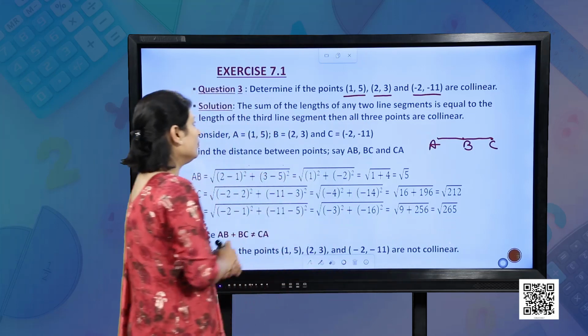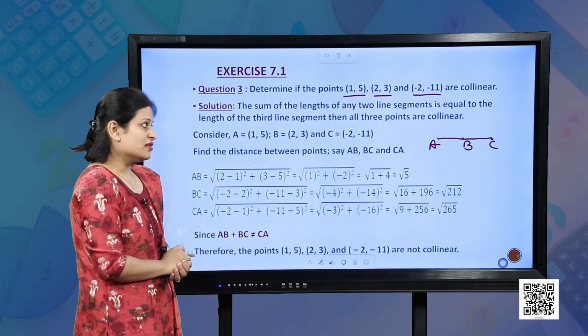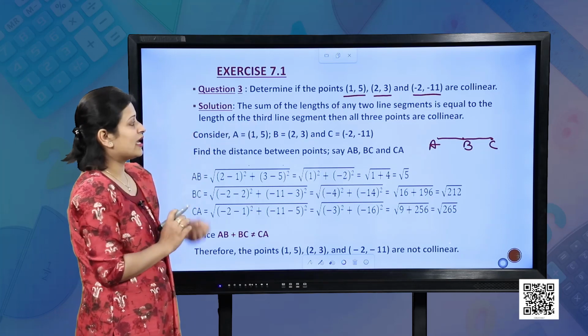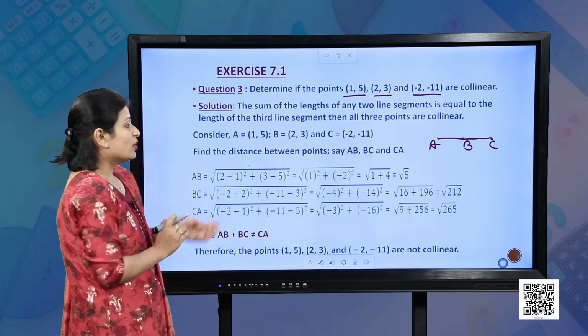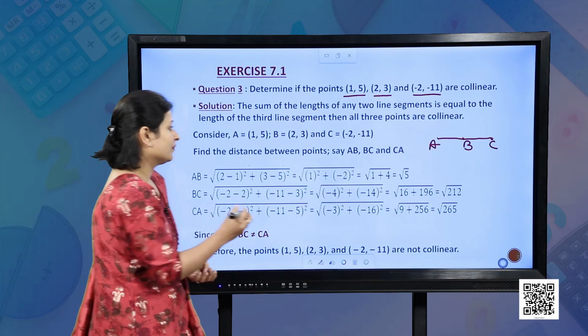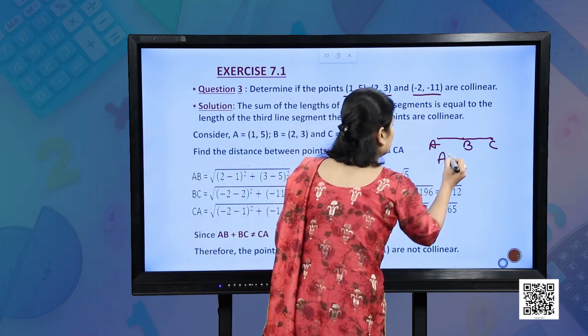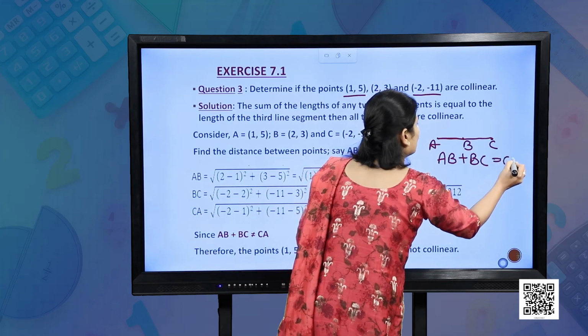So, what we have to do? If the sum of the lengths of any 2 line segments is equal to the length of the third line segment, then all the 3 points are collinear. So, basically we will prove that AB plus BC is equal to CA.